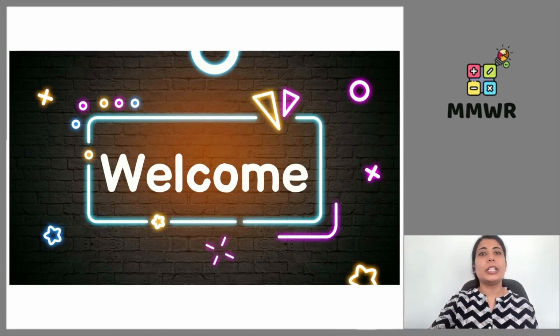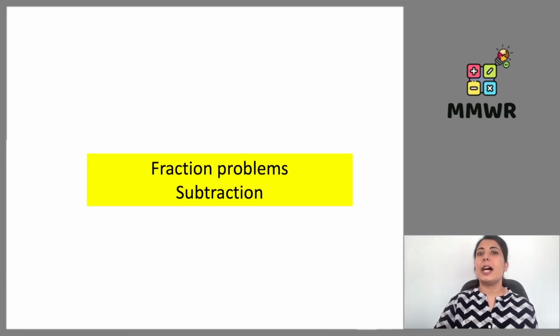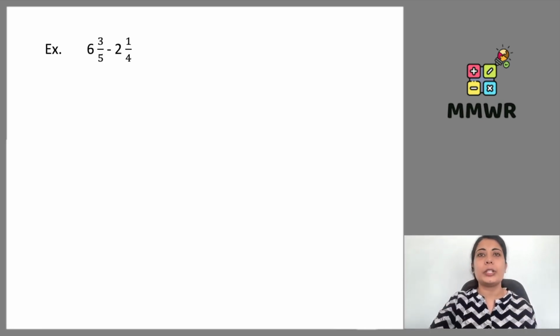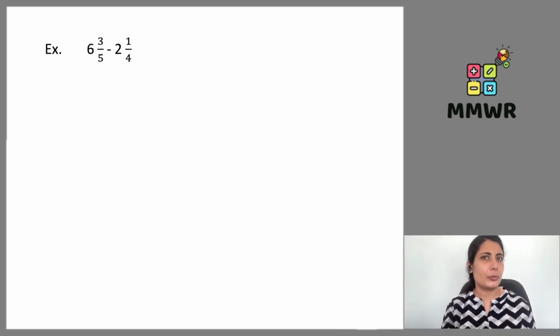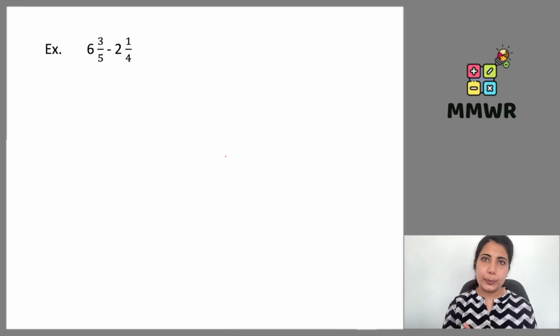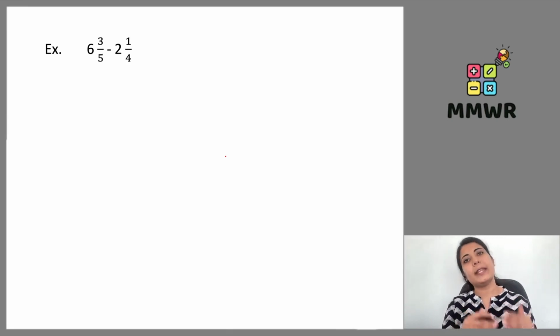Let's discuss what new thing we are going to learn today. Again, we are here with a fraction problem, but this time we will be learning how to deal with the subtraction operation. We have seen the shortcut method to simplify any fraction problem without converting the mixed fraction into an improper fraction, simplifying, and then converting the improper fraction back into a mixed fraction at the end.